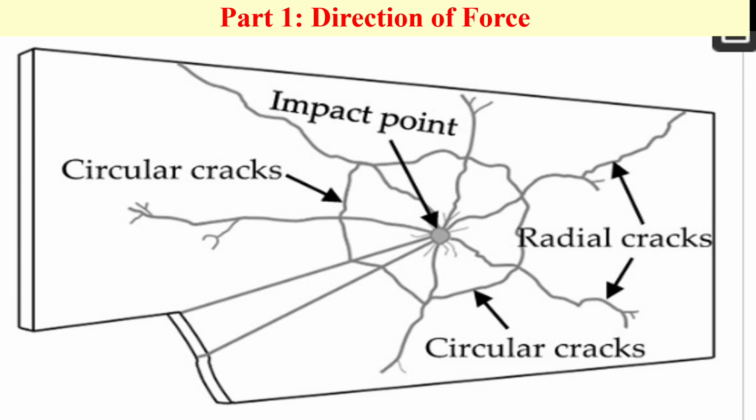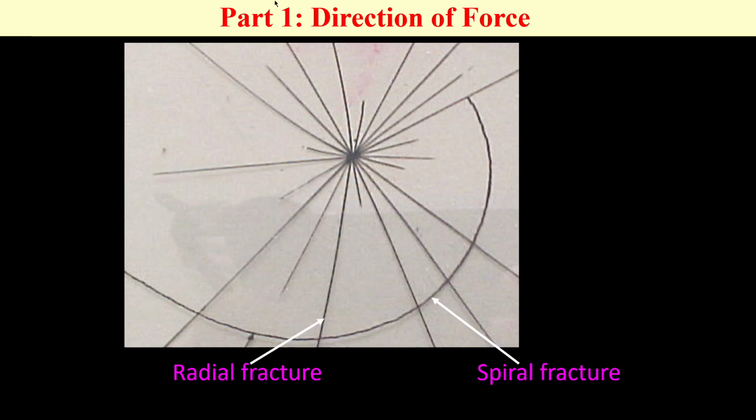So you have to mark on the piece of glass which you are going to examine whether that piece contains the radial fracture or the spiral fracture.